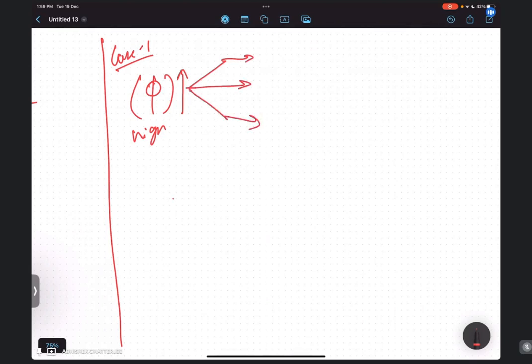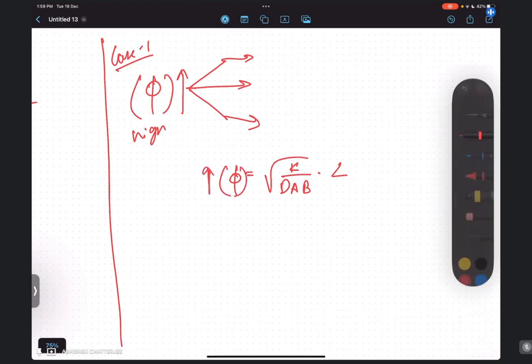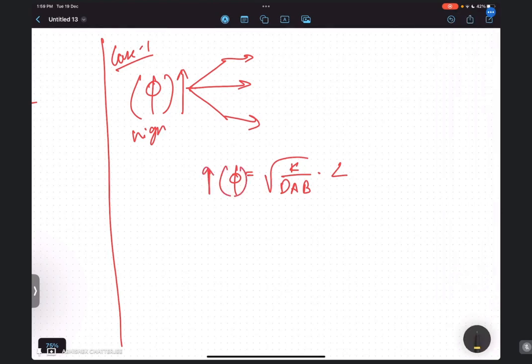Our Thiele modulus is equal to root under k by DAB into L. So if this phi value is high, what would have happened? This k value must have been high, this DAB value must have been low, or this L value must have been high. All these three possibilities are there for a high Thiele modulus.